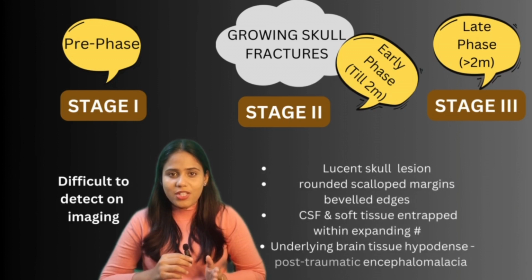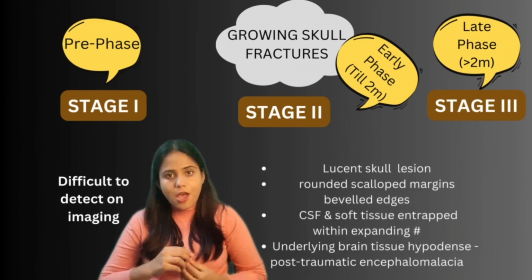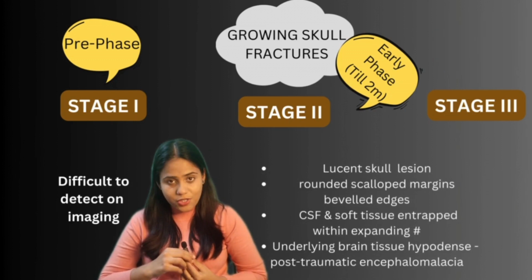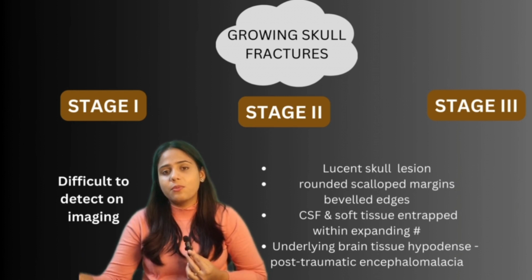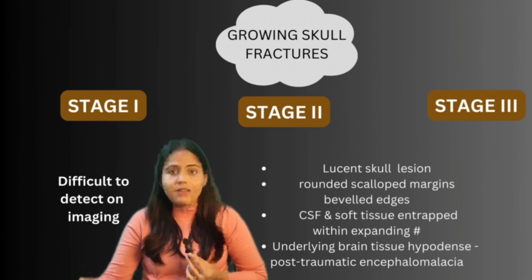Stage 2 and stage 3 show loosened skull lesions with rounded scalloped margins and beveled edges, and CSF and soft tissue entrapment beneath the underlying fracture, which is expanding. Sometimes the underlying herniated brain tissue may appear hypodense. That is because of encephalomalacia that has occurred secondary to the trauma.